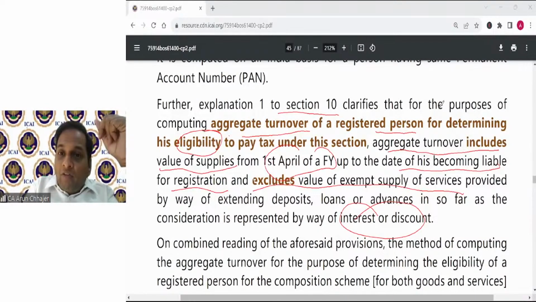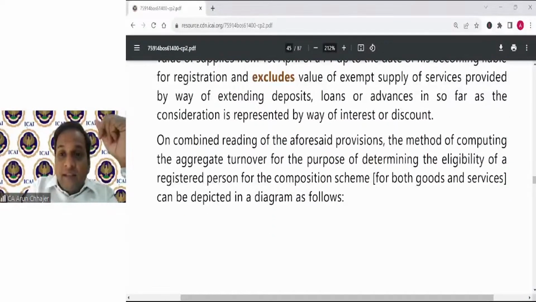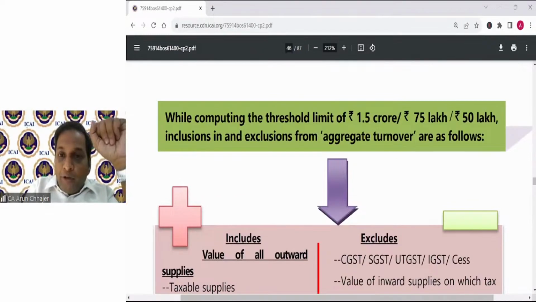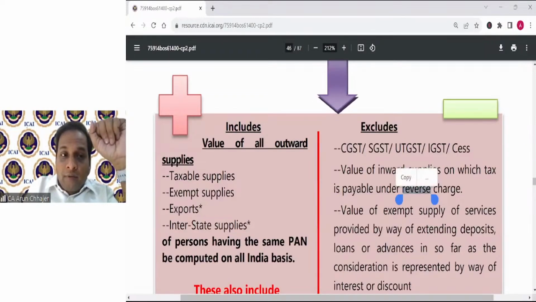On combined reading of the aforesaid two provisions, the method of computing the aggregate turnover for the purpose of determining the eligibility can be explained while computing the threshold limit of 1.5 CR, 75 lakh or 50 lakhs. Include all taxable supplies, all exempt supply, all export, all interstate.